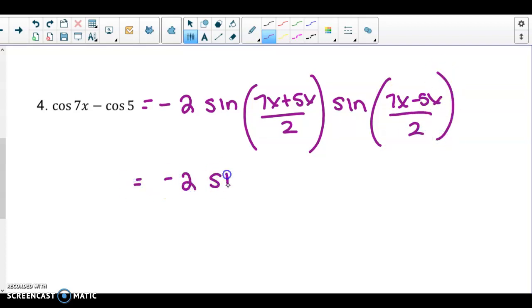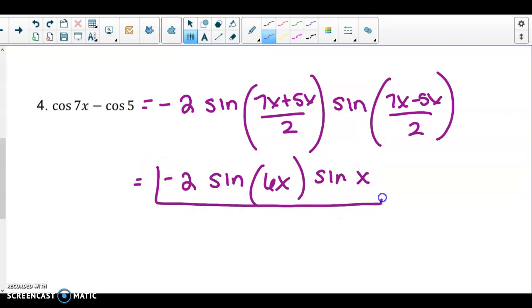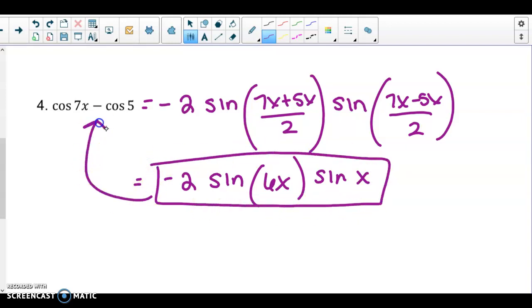So that's negative 2 sine of 7 and 5 is 12. That would be 6x. 7x minus 5x is 2x. 2x divided by 2 is 1. And this is it. It's a product written from a difference of two trig functions. Oh, I see there that I missed an x, so we'll make sure that x gets in there, okay?